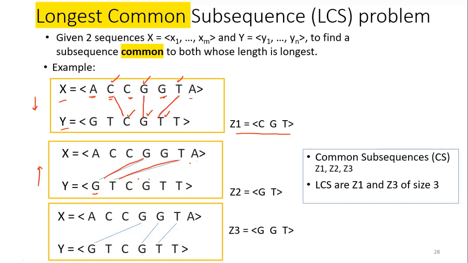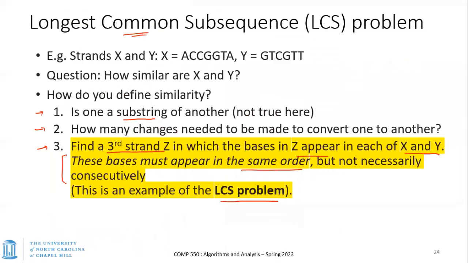And you can't go in the opposite direction, you can't cross over. Why is that? Because the solution was that these bases must appear in the same order, but not necessarily consecutively. So the bases have to be in the same order, but not necessarily consecutive.